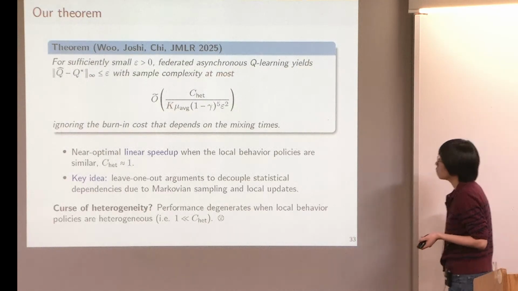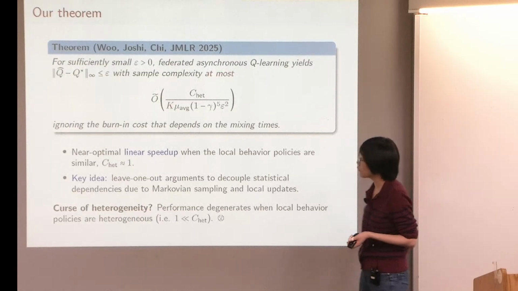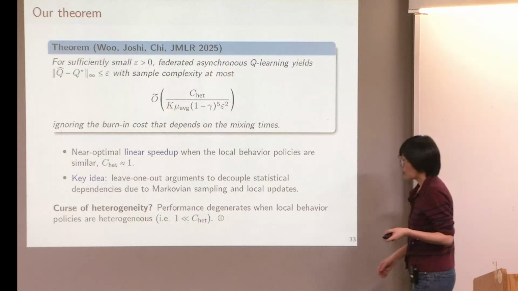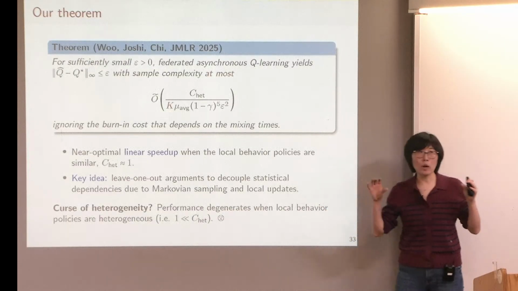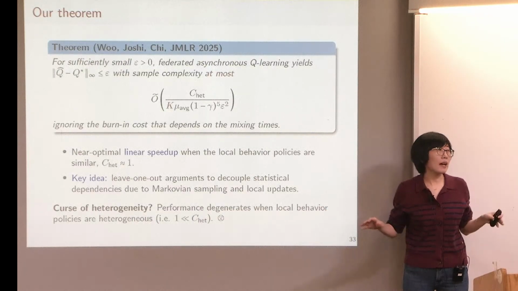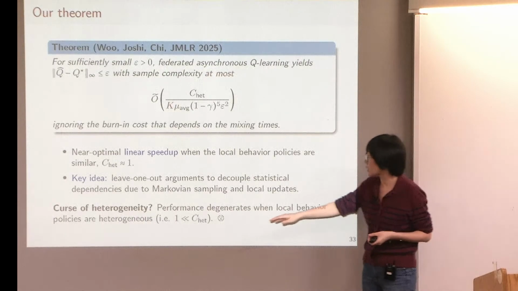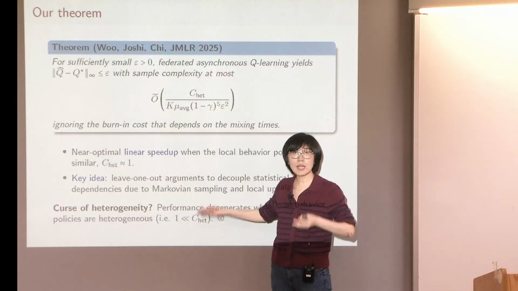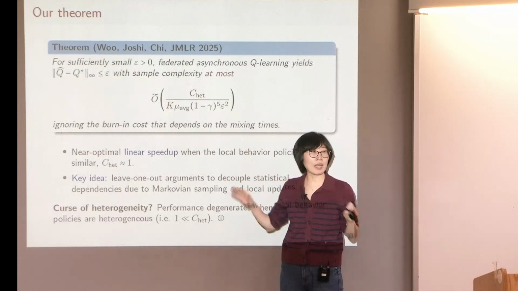But still, it's not completely satisfactory from an algorithmic perspective because, as I mentioned, perhaps the nice case I want to have is the heterogeneous case, when this heterogeneity parameter is close to k, so that agents can have this kind of collaborative coverage.